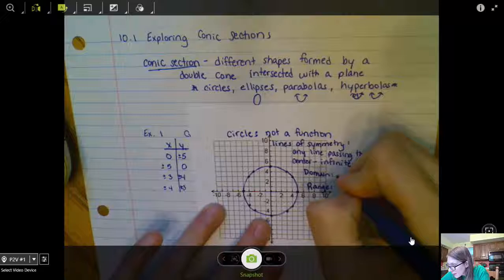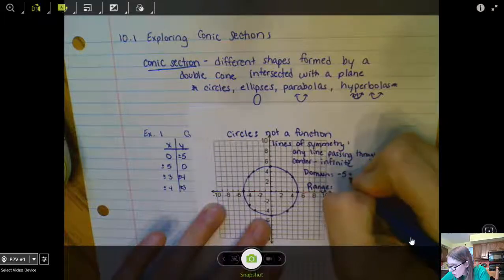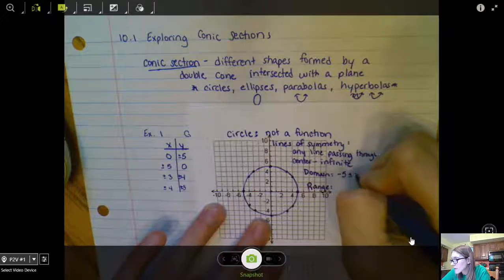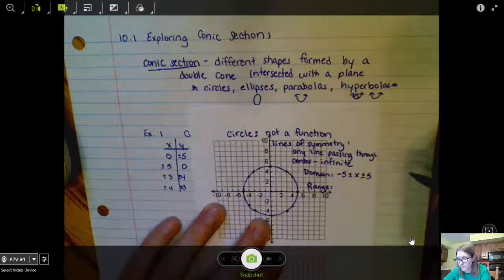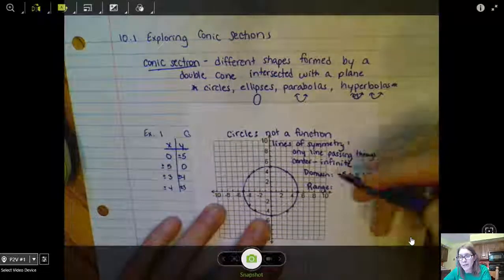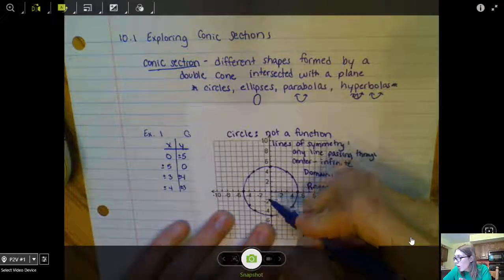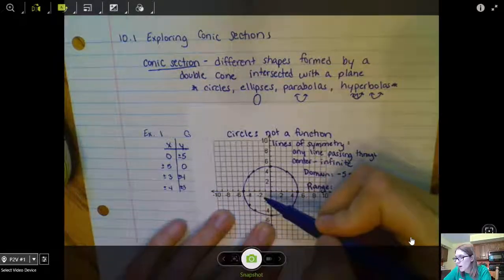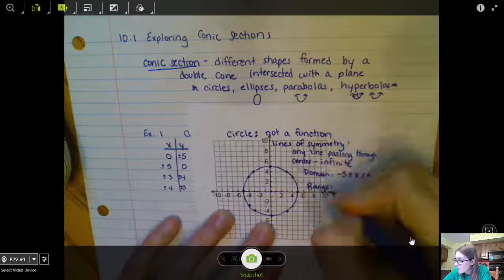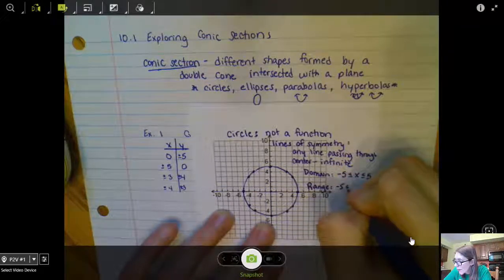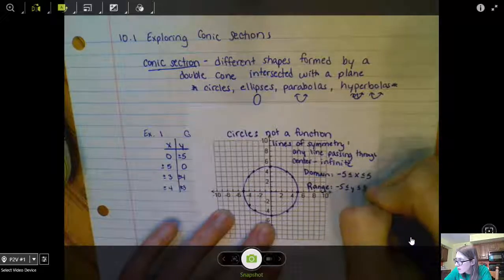So we could write our domain as negative 5 is less than or equal to x, less than or equal to positive 5. And our range, we have the same situation going on. Our lowest y value is negative 5. Our highest y value is 5. The only difference is now it's y's instead of x's.